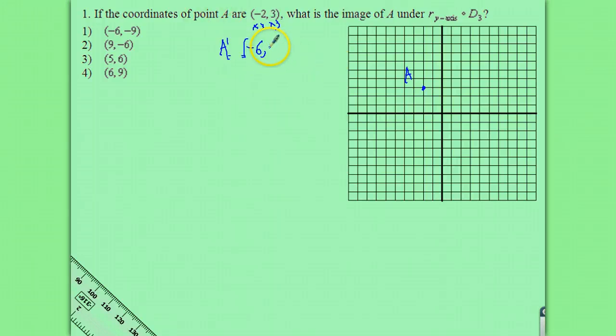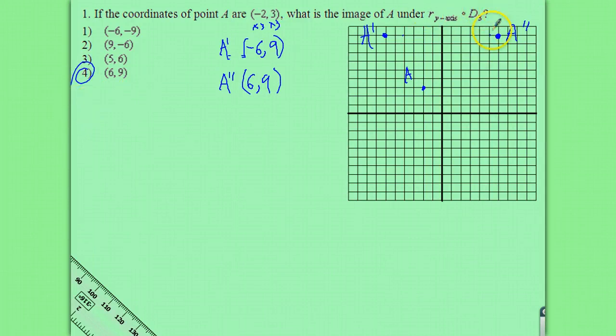Now A double, reflecting over the y-axis, negative 6, comma 9 becomes 6, comma 9. Boom, we did it.